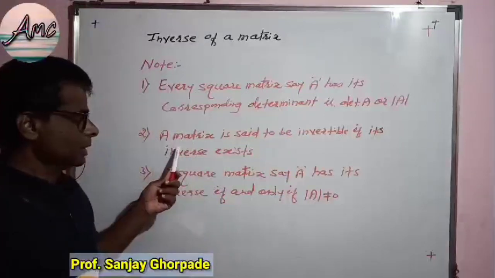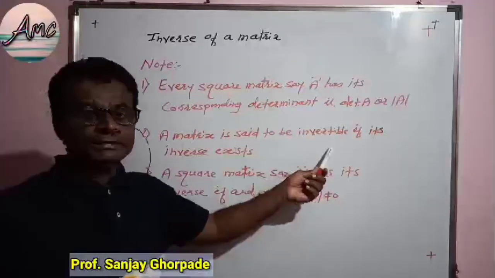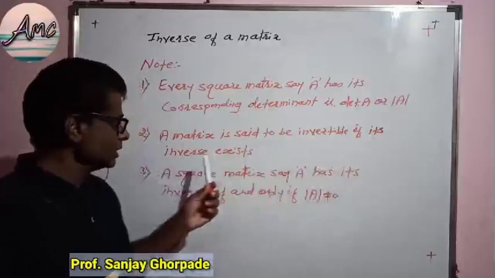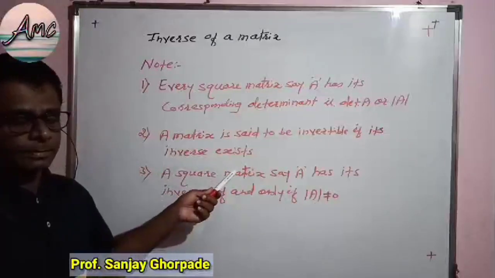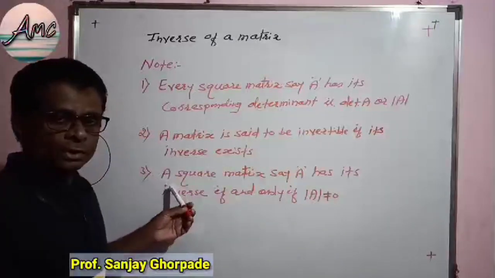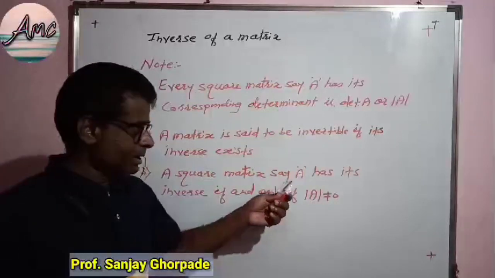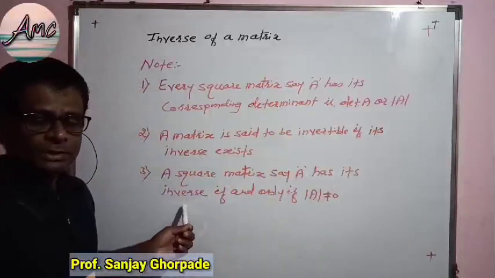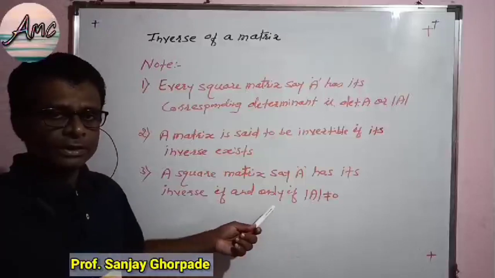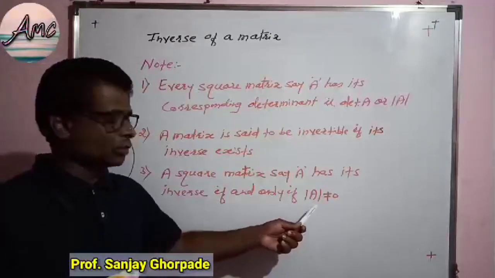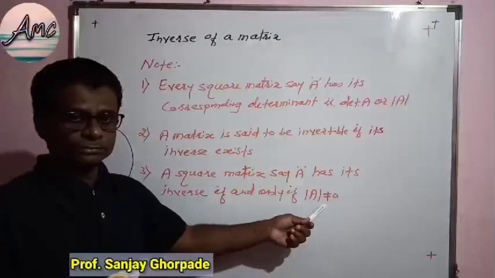Note number 2. A matrix is said to be invertible if its inverse exists. What is note number 3? A square matrix A has its inverse if and only if its determinant is not equal to 0.